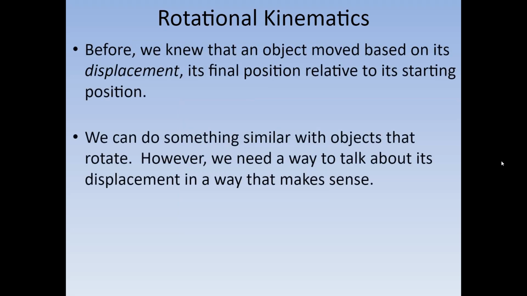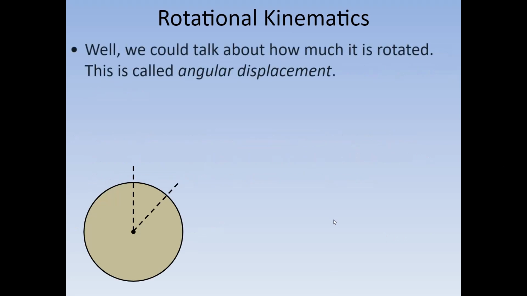So we had to come up with a new definition for displacement in this scenario that makes more sense, because again, our displacement is thinking about it in terms of that translational idea. So what we now have to do is talk about rotational displacement, or what we call angular displacement. Basically, when an object is rotating, we can talk about how much it has been displaced by how much it has rotated, right?